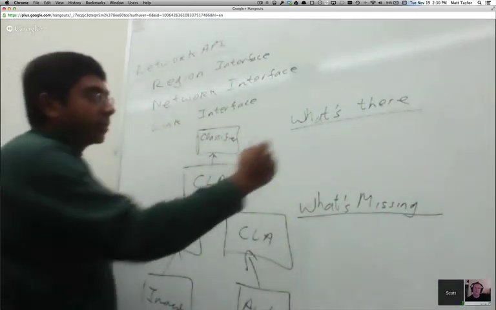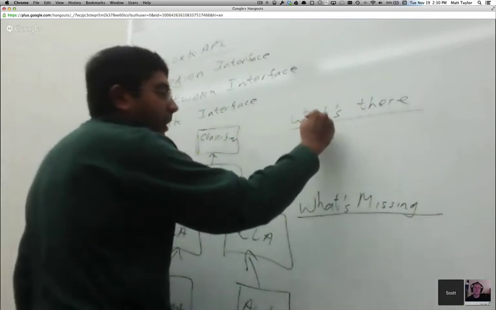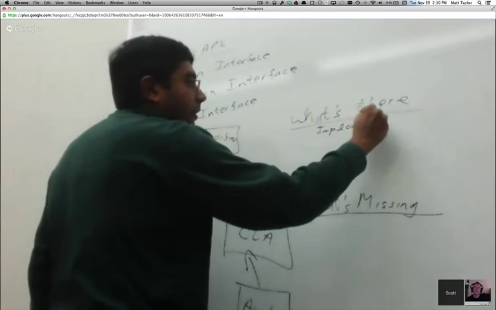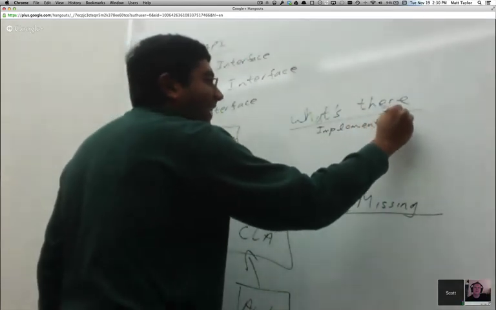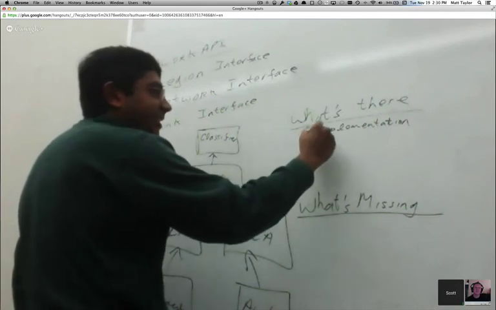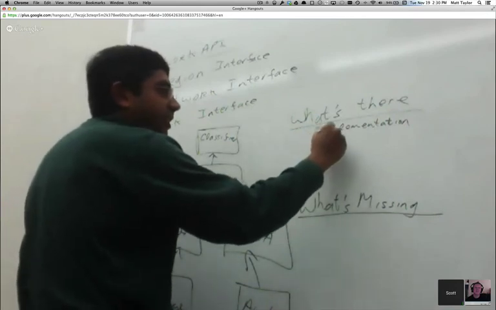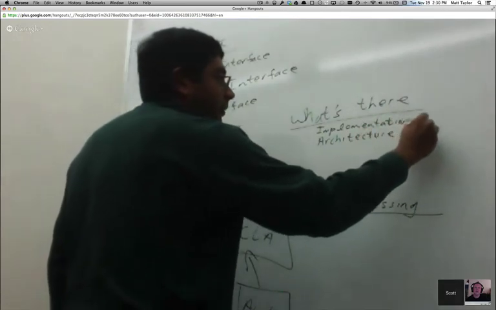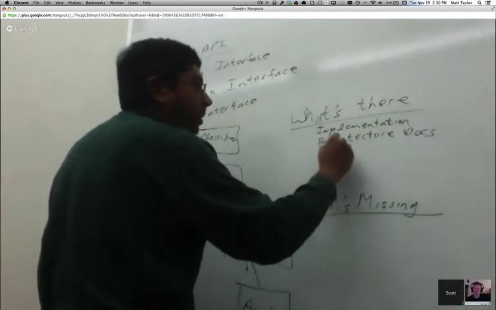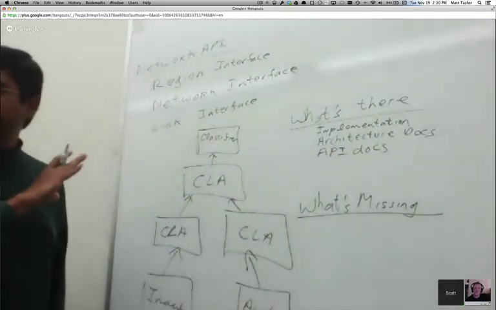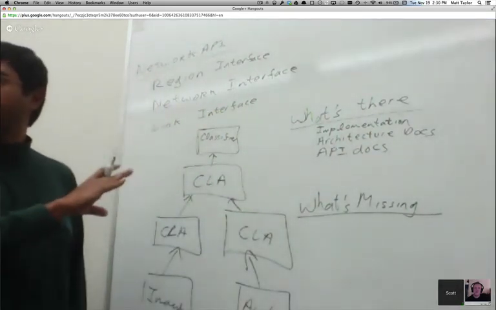So let's say what's there is that the implementation is there. That's good. Architecture docs are there. API docs, we think are mostly there, but potentially someone could improve that.